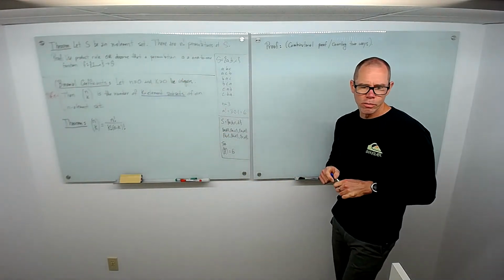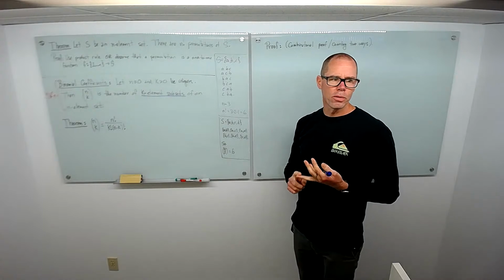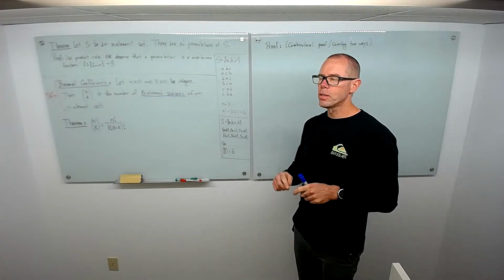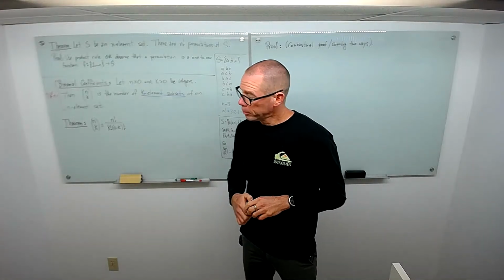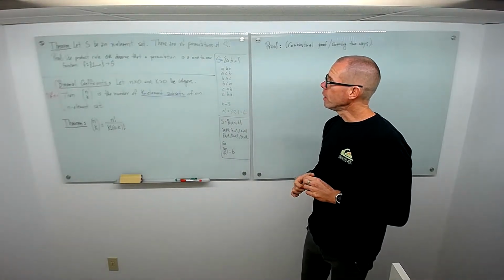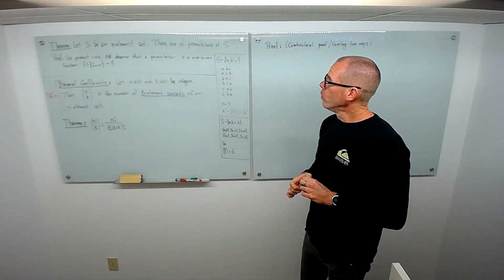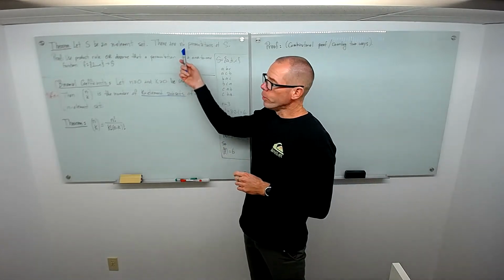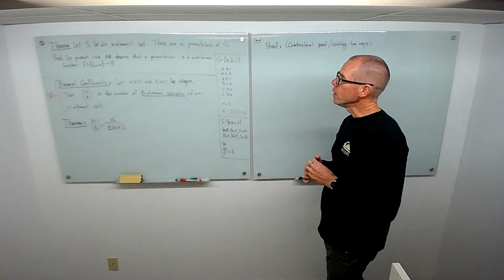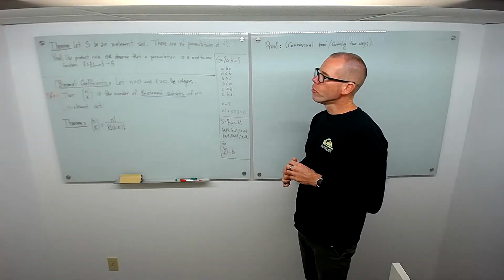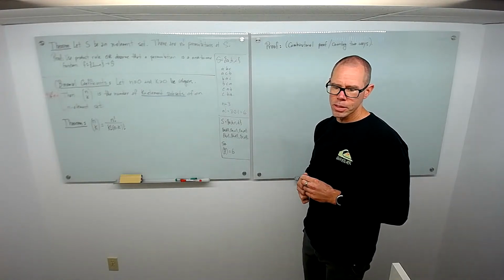That's just a notation for the product, n times n minus 1 times n minus 2 times n minus 3, and so on, all the way down to 1. And one of the reasons that this n factorial comes up so often is that it counts the number of permutations of an n element set.